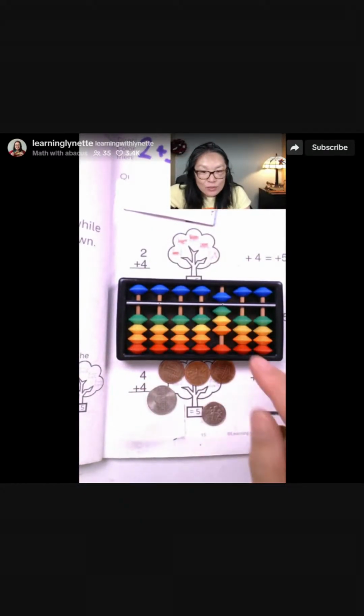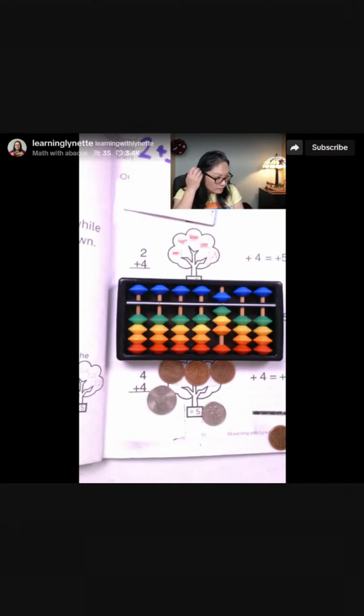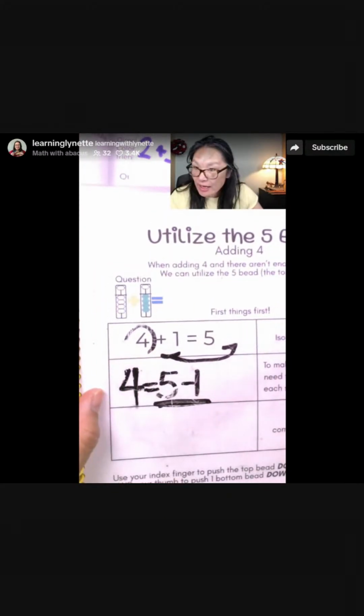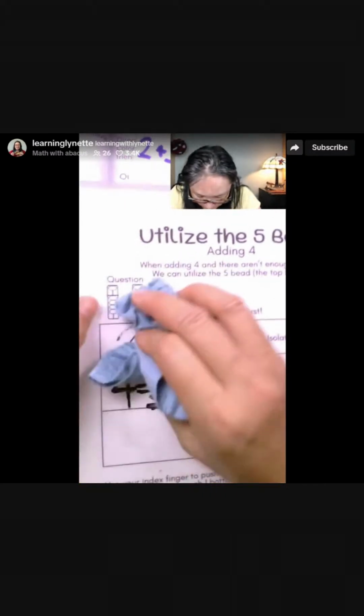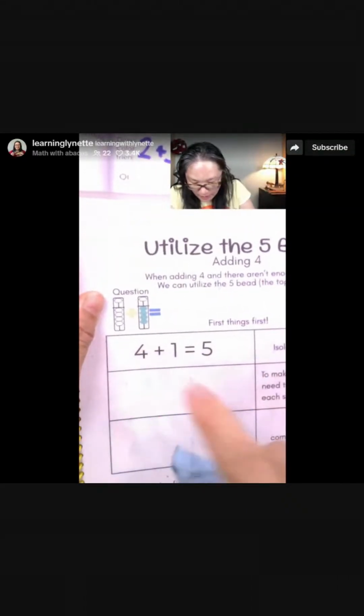Now, what did we just do? We took this addition sentence and we modified it. This addition sentence is 1 plus 4 is equal to 5.